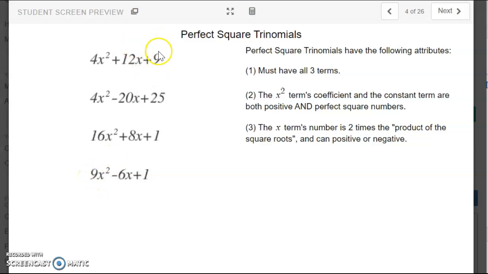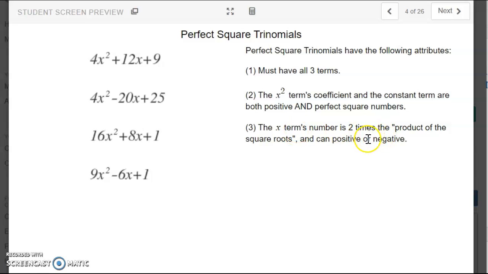As are the last terms, the constant terms 9, 25, and 1. They're all perfect squares themselves, and they have to be positive, because you can never get something squared to be negative. It's not enough that they're perfect squares, they have to be positive perfect squares.